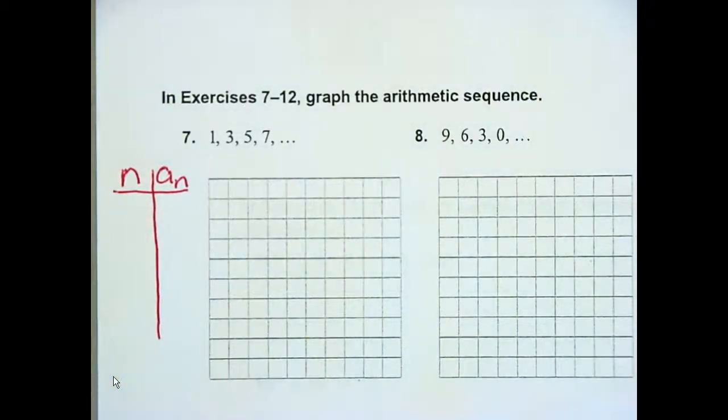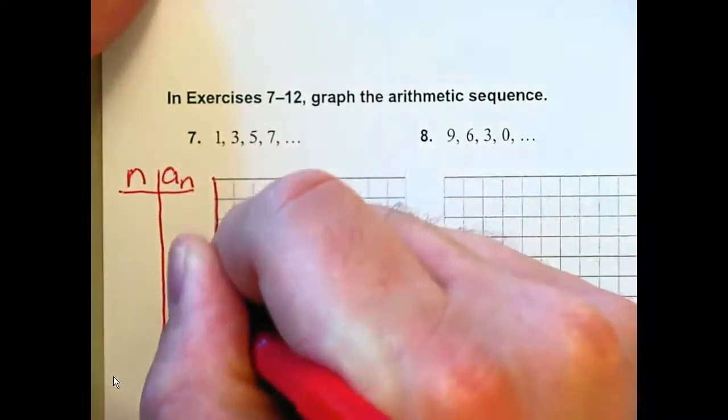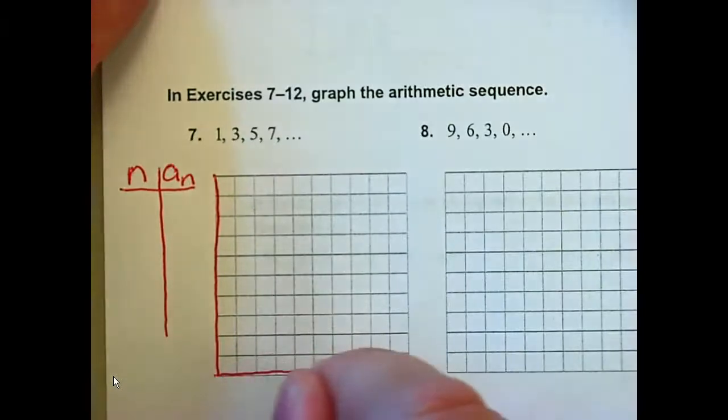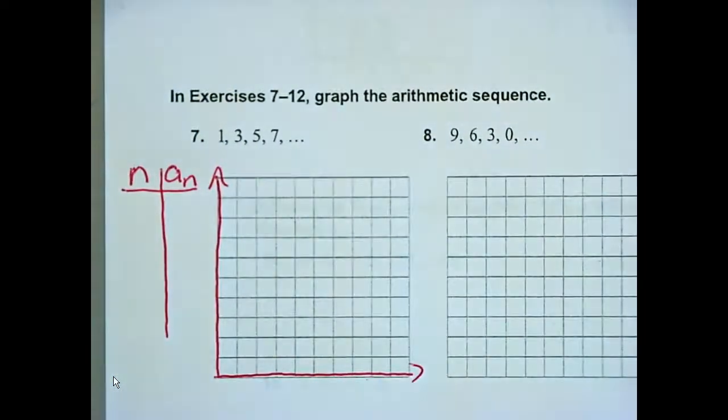That would be how our table is set out, which means my x and y axis is no longer called x and y. Go ahead and label your axes, please.